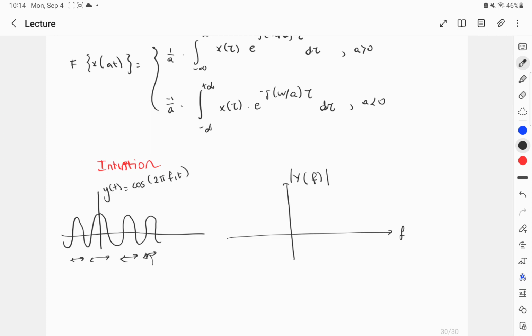And here we will show in frequency domain in two places. We have f1, which is the frequency of this wave, and then we have the negative version. So you might ask, what is the negative frequency? Well, it is a concept which is visualized by angles.